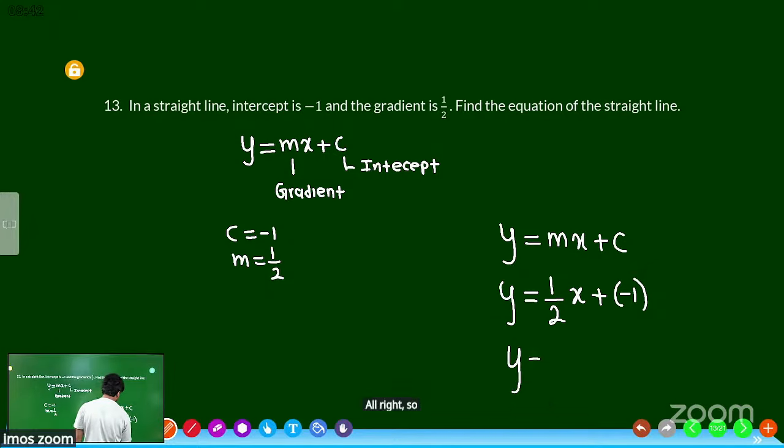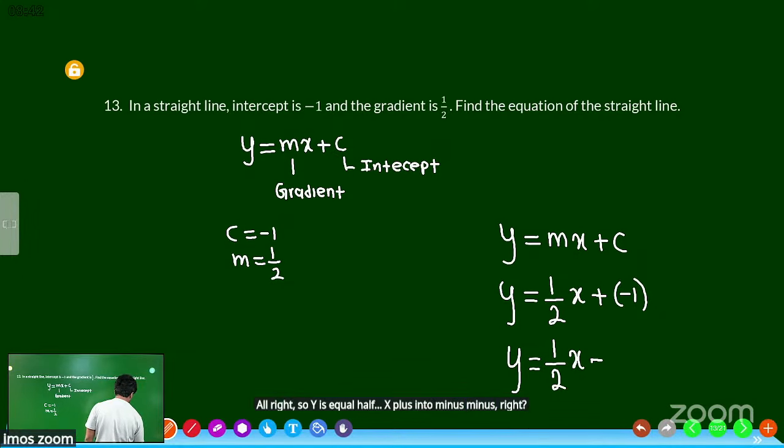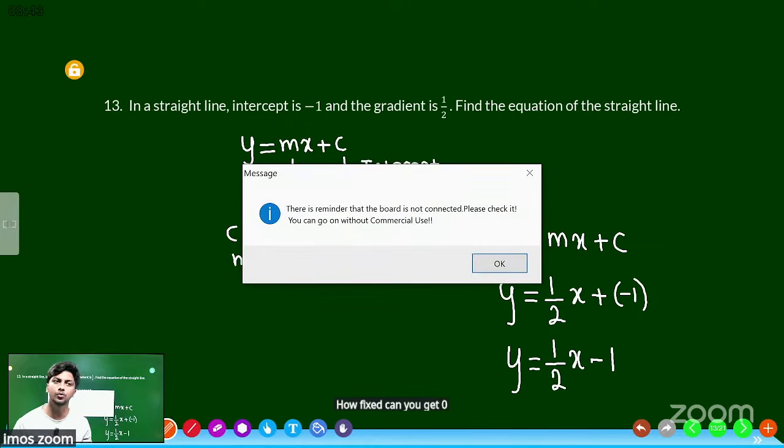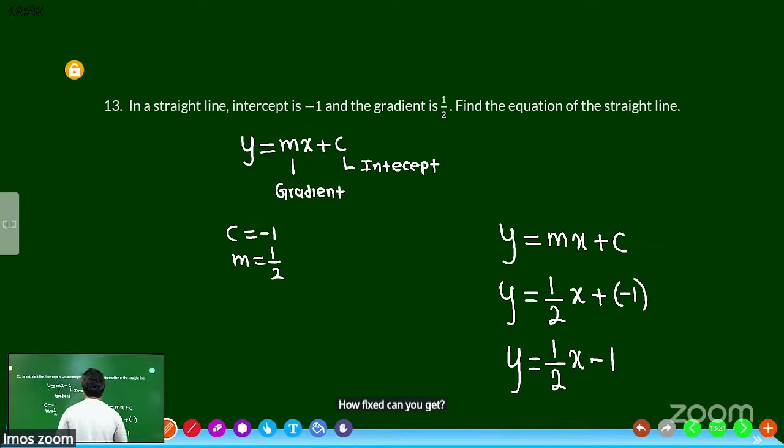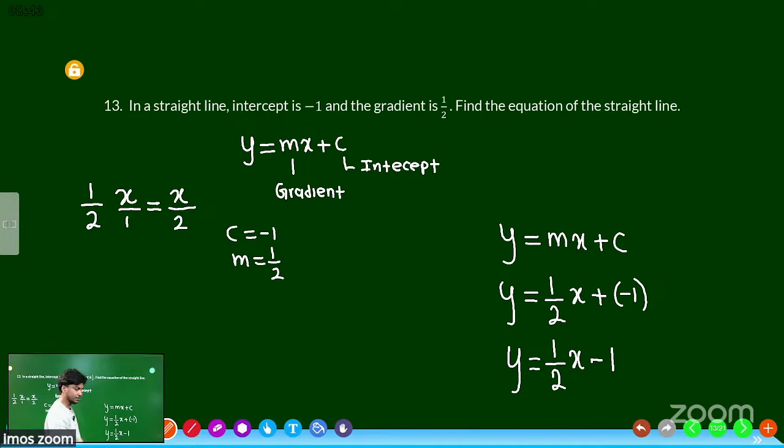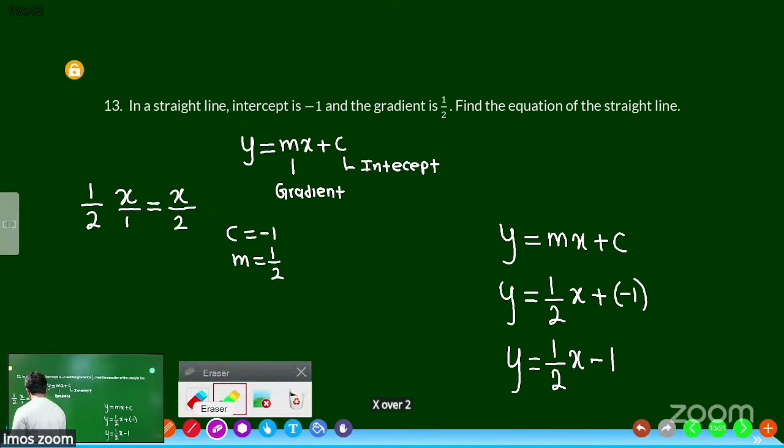So y is equal to half x plus minus 1. Half x can also be written as x over 2. So it can be written as x over 2 minus 1.